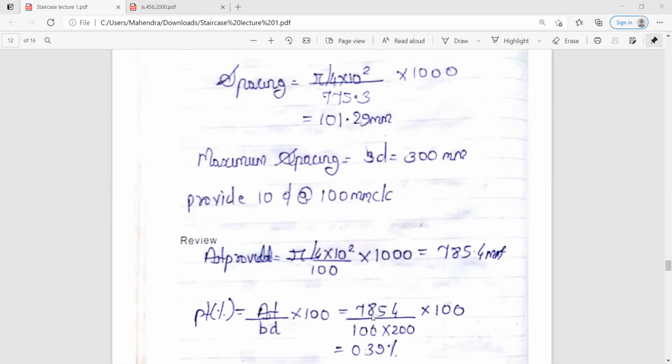AST provided you have already calculated, that is 785.4 upon B. Here B is 1000, into 200 into 100. So the percentage you get is 0.39%. So solve up till here. If anyone has any query, you can ask.